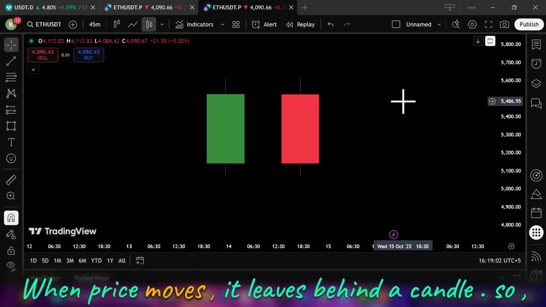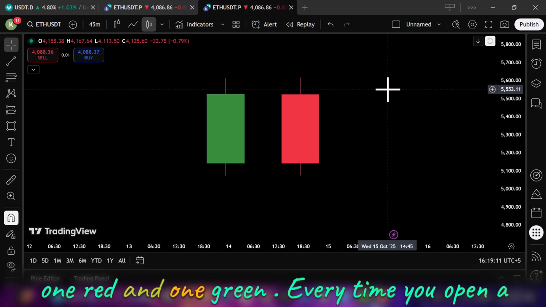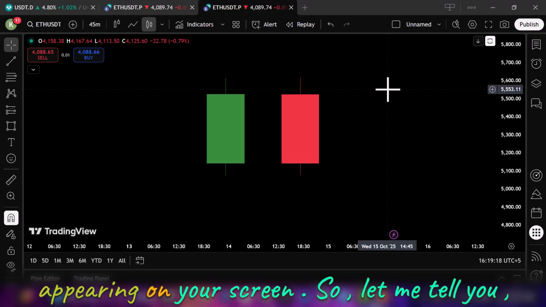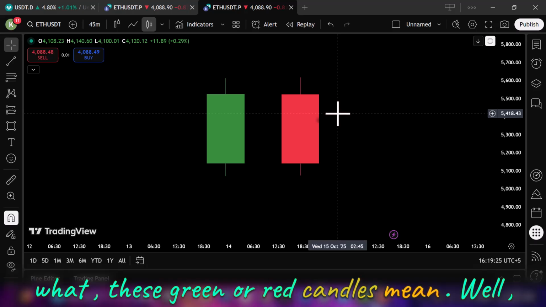When price moves, it leaves behind a candle. Basically, you're going to see two colored candles, one red and one green. Every time you open a chart, you're going to see these two colors appearing on your screen. Let me tell you what these green or red candles mean.